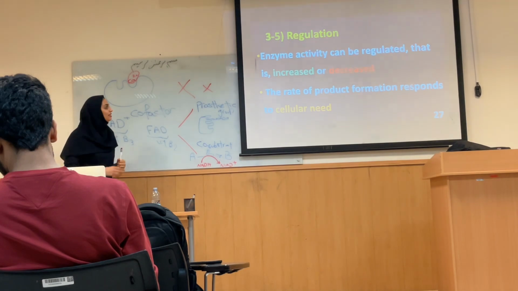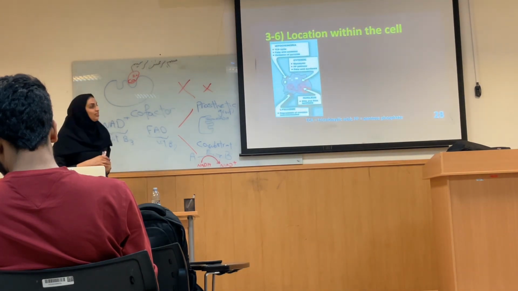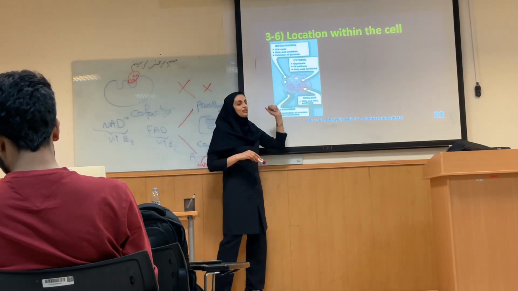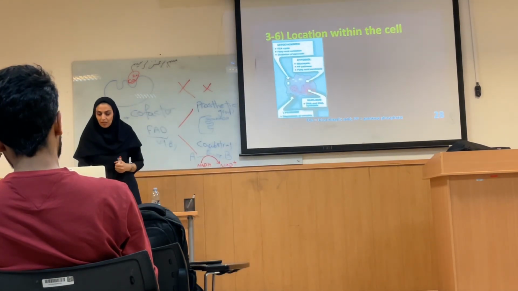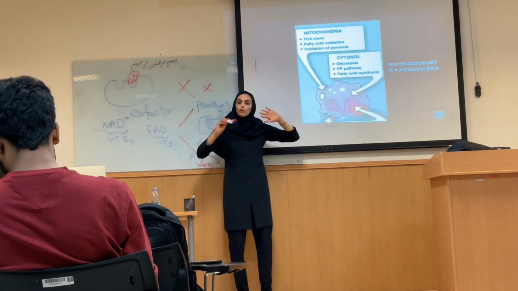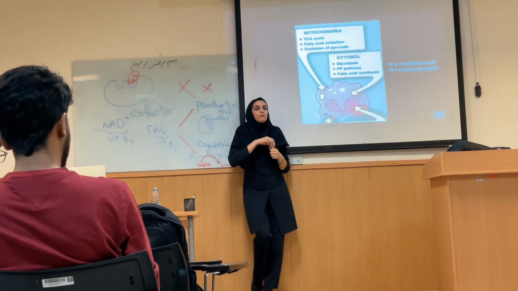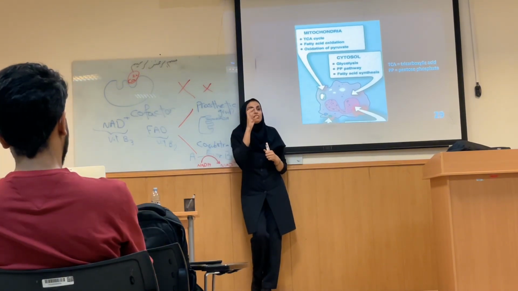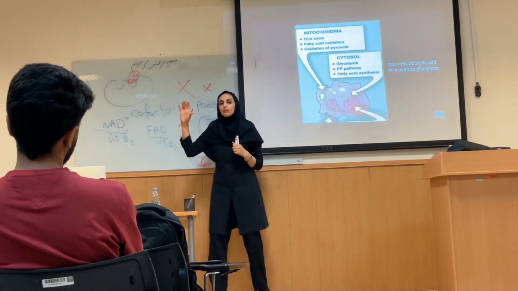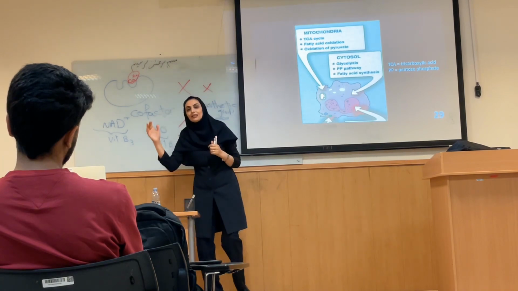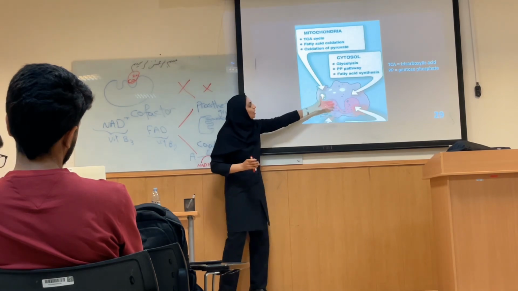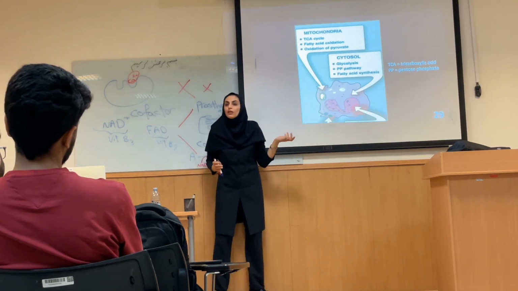Guys, another important thing is the regulation and location of different enzymes within the cell. I told you about specific enzymes in different organs. For example, this enzyme is related to liver, this enzyme to muscle, this enzyme to kidneys. But now it is about different enzymes related to different organelles.